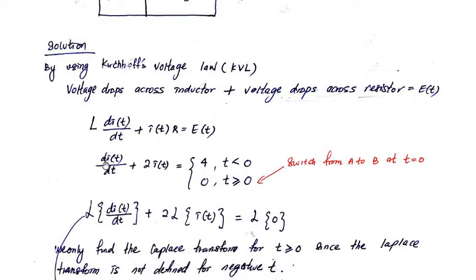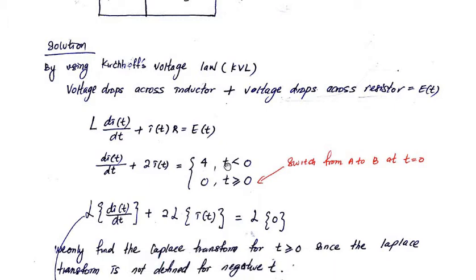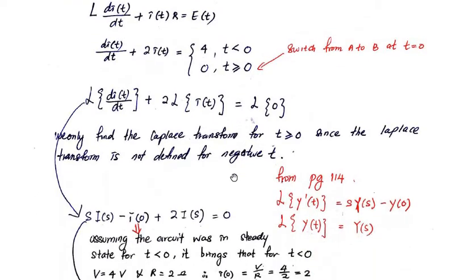Then take the Laplace transform of each term: the Laplace transform of di/dt, plus the Laplace transform of 2i(t), and the Laplace transform of the source. We consider t more than 0 because the Laplace transform is not defined for negative values of t.